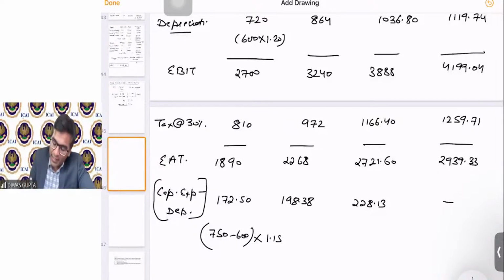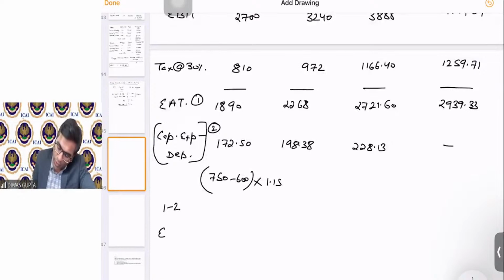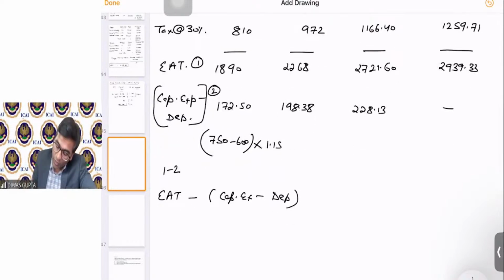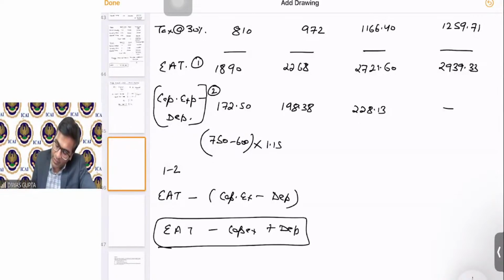From EAT, we will reduce this. Let's assume this is 1 and this entire number is 2. So we will be doing 1 minus 2. The moment you do 1 minus 2, you are doing EAT minus capex plus depreciation. As per our earlier formula, EAT minus capex plus depreciation. So ultimately, we are getting the same result. For calculating the free cash flow, we are reducing the capex and adding back the depreciation to arrive at the free cash flow.